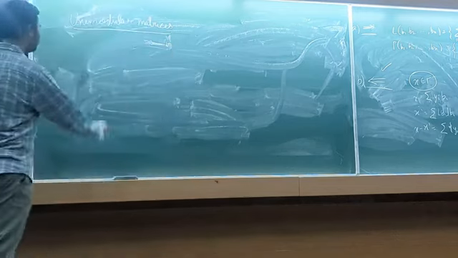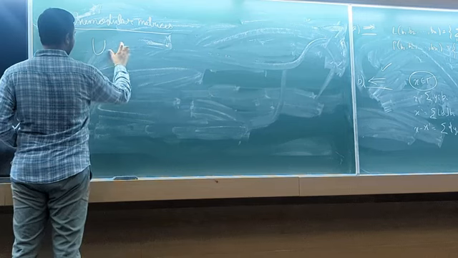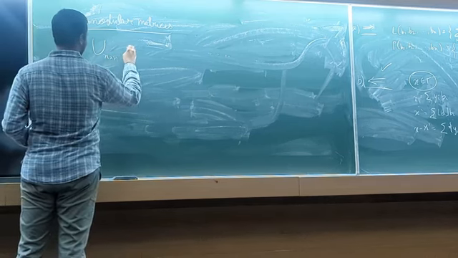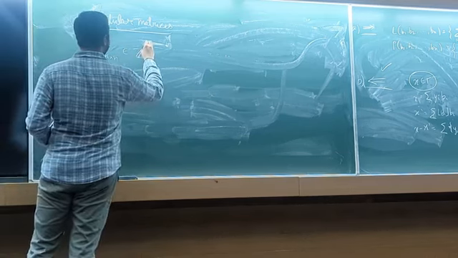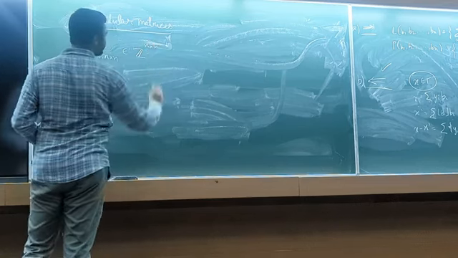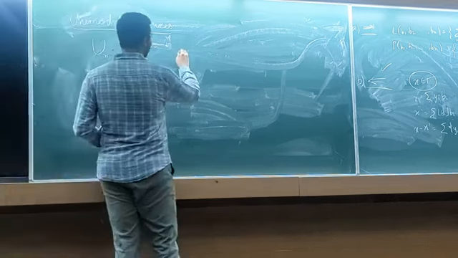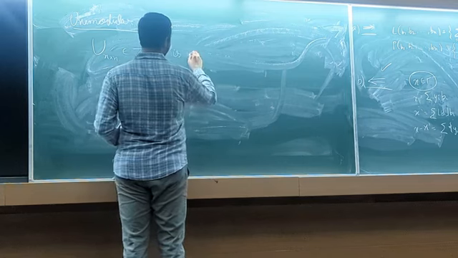An n cross n matrix U composed of integer entries is called unimodular if its determinant has magnitude 1.